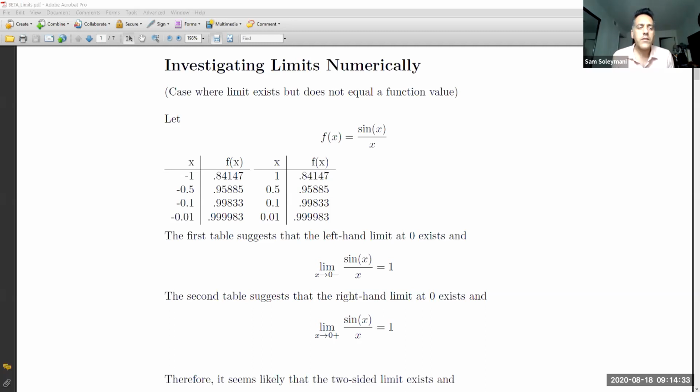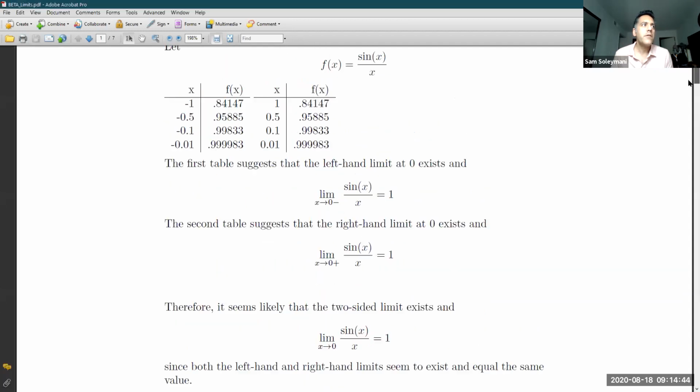Like sine x over x is a very popular function. And here we have a table of values that tells you what might happen to sine x over x as x goes to 0 from left and from the right.